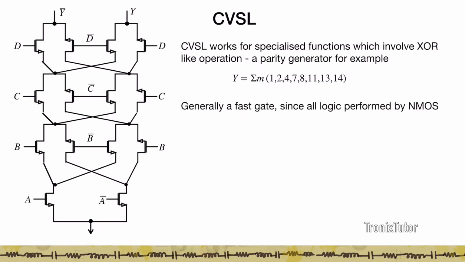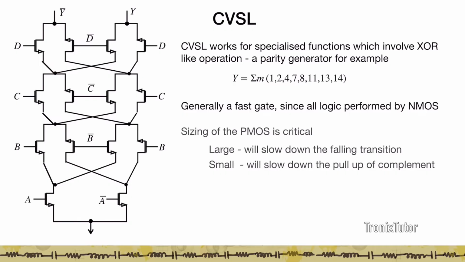And generally CVSL gates tend to be fast, again because most of the logic is performed by the NMOS. The PMOS is a static load which is only going to pull up the output node in a slow fashion. Now the sizing of the PMOS in these gates becomes very critical because if you keep the PMOS too large, then it will slow down the falling transition because of the additional capacitance it brings to the output node.